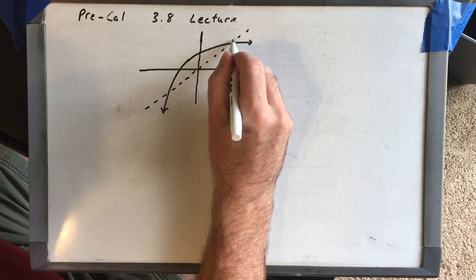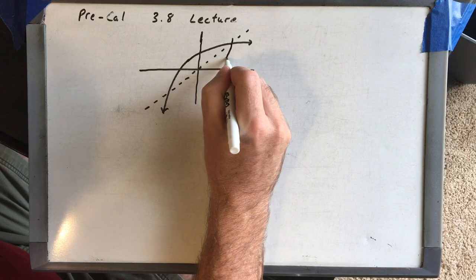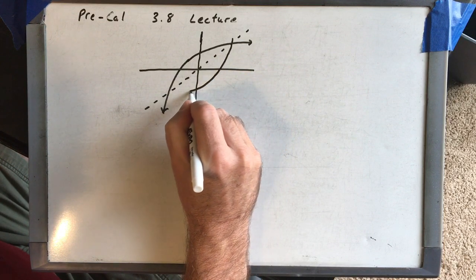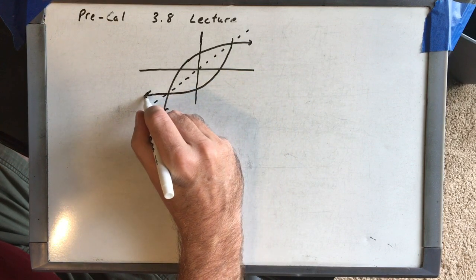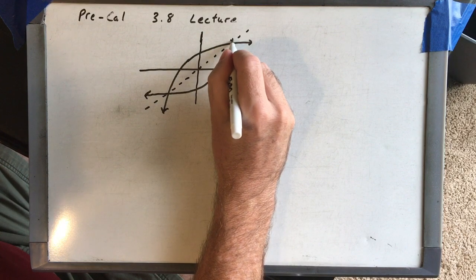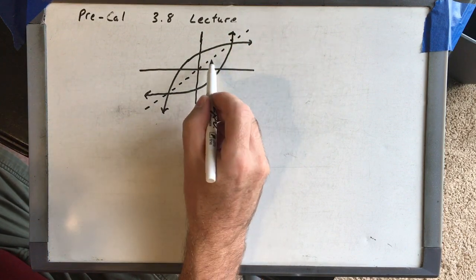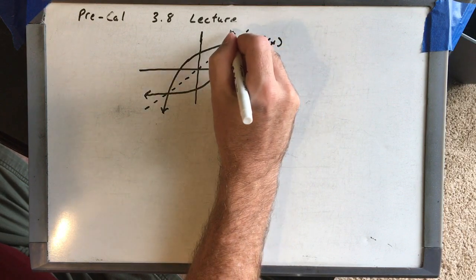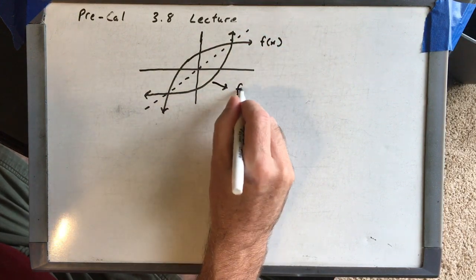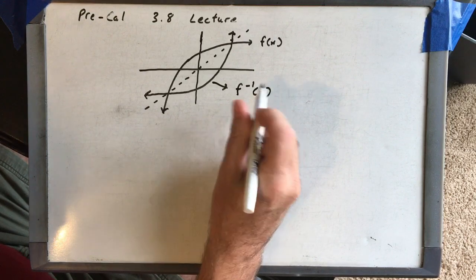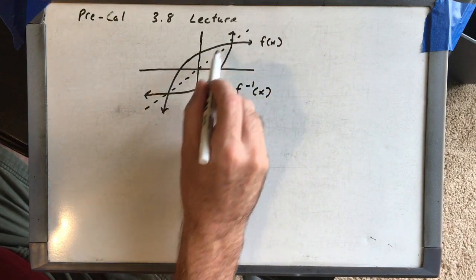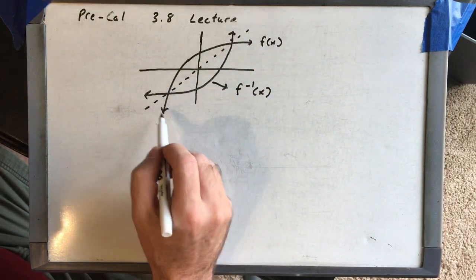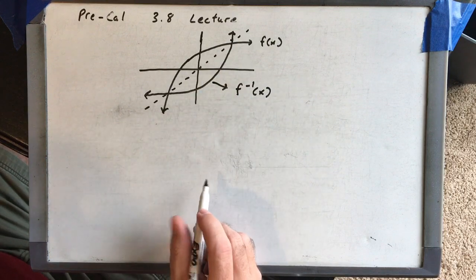Well, it would look something like that. Okay, so if this is f of x, and this one down here would be the inverse. If you were to put paint on f of x and fold it across that dash line, that's what the inverse would look like.